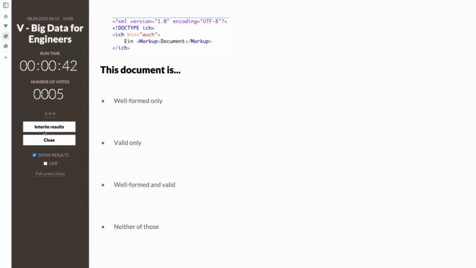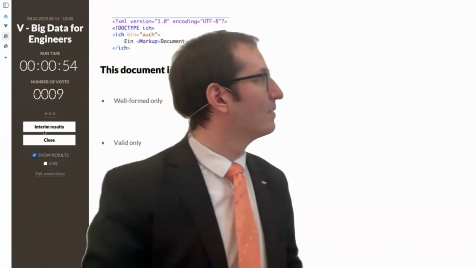This question makes sure you understand what well-formedness means, what validity means, and the difference between the two. Let's see if we get 100% on that one too.